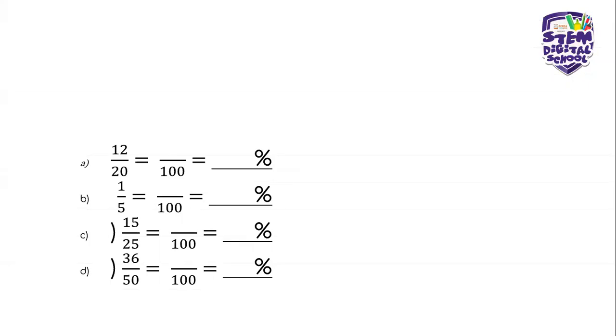Yes, I agree as well, because once you multiply 50 by 2, you must also multiply the numerator by 2, so that you can have 72 out of 100. And as we said when we started the lesson, 72 becomes your percentage.